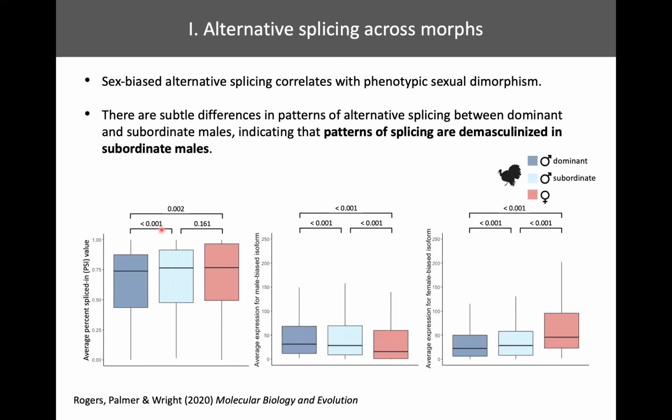So then for genes with significant differential splicing between the sexes, we classified the alternative splice isoforms as either male or female biased, depending on whether they were expressed more highly in dominant males or females. We can see from the second graph that subordinate males express male biased isoforms in the gonad at significantly lower levels than dominant males, indicating that male biased isoforms are demasculinized in subordinate males.